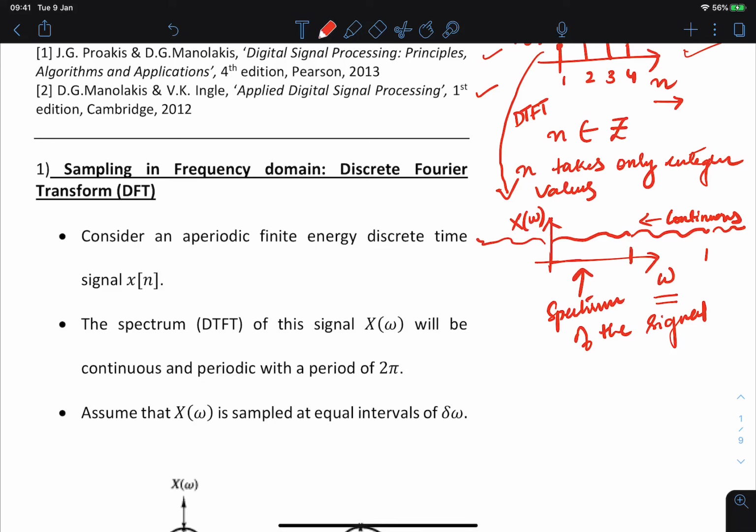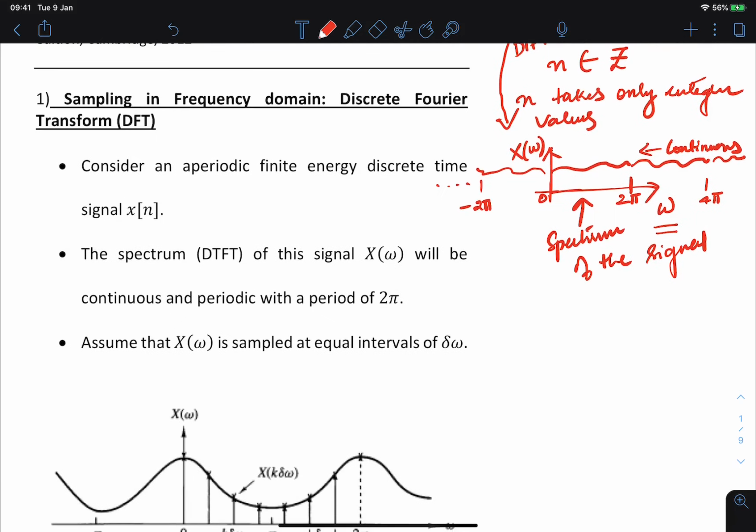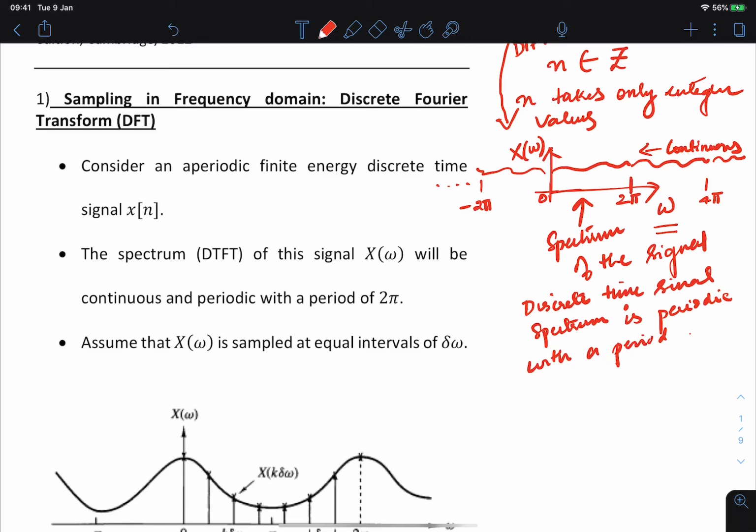The period is 2 pi, that is, after this the same thing is repeated for 4 pi, minus 2 pi, etc. So another important point: the discrete time signal spectrum is periodic with a period of 2 pi.